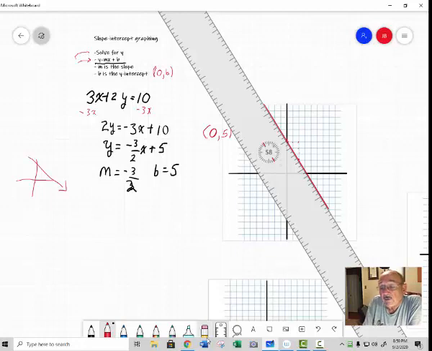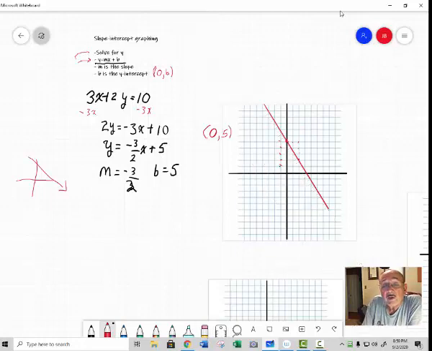Now every point on this line will make this equation right here a true statement. And every pair of numbers x, y that makes this a true statement will be on this line. Alright? Let's try this. Let's suppose that I go over 4 and down 6.